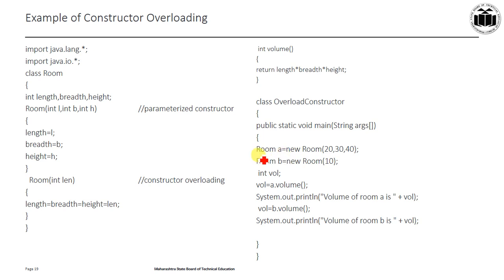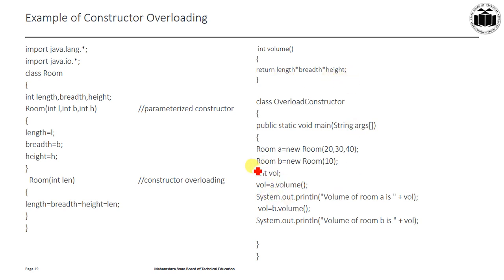So first we call Room a is equal to new Room(20, 30, 40). While calling this, our first constructor will get executed. Means 20 goes to L, 30 goes to B and 40 goes to H. By using those values, our volume will get calculated.